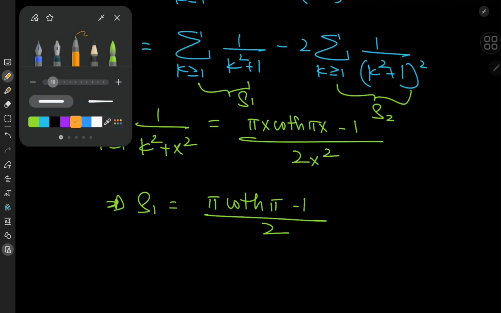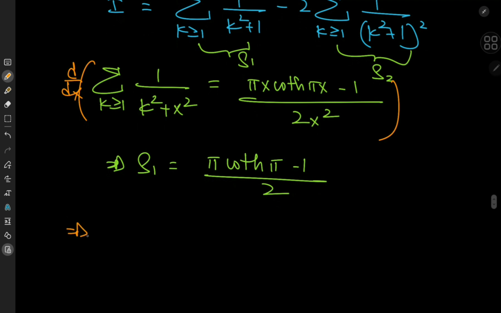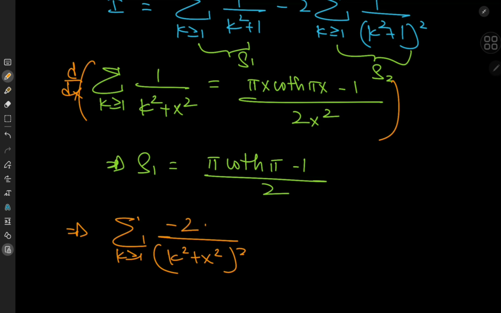And that's not even a problem. All I have to do is differentiate the whole thing with respect to x. Okay, so this implies that I have the sum over k of k squared plus x squared squared in the denominator, a negative sign, and I have a 2x term because of the chain rule.